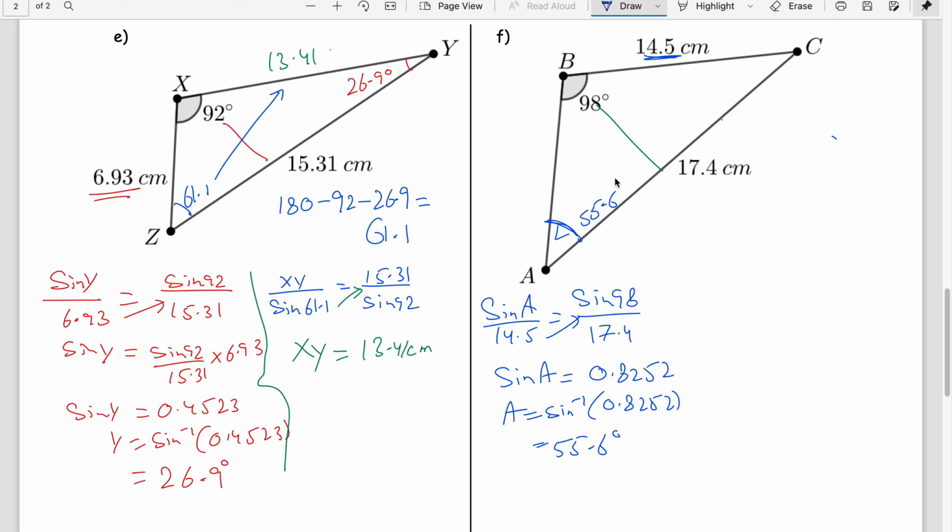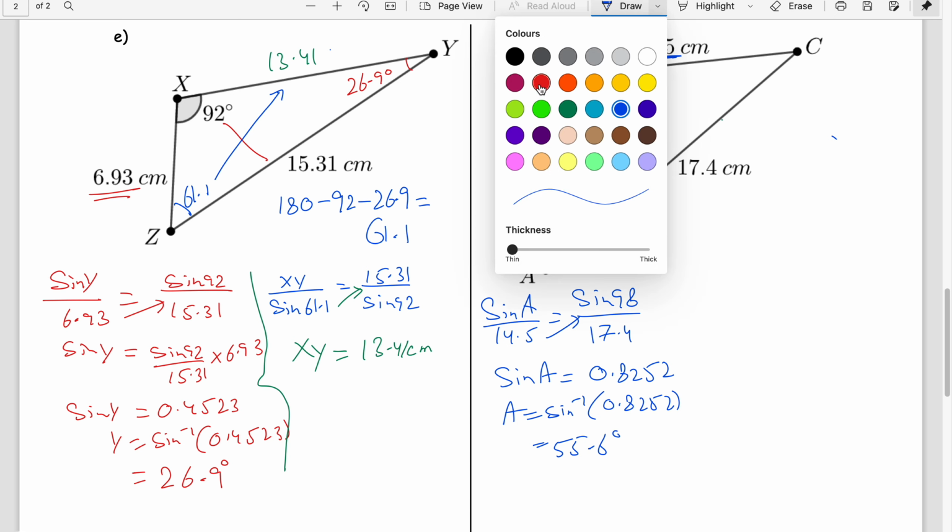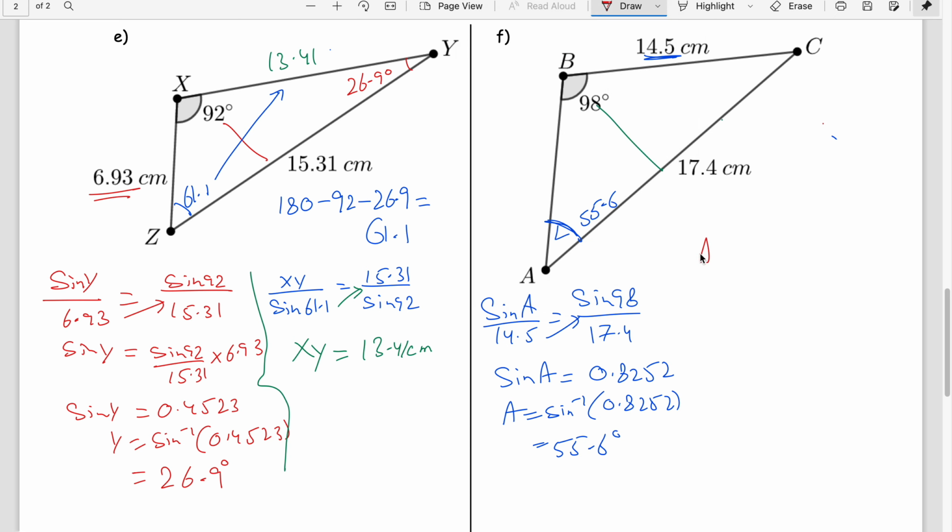Moving on to this unknown side AB, and let's say AB over, we forgot this angle, that is 180 minus 55.6 minus 98. So 180 minus 55.6 minus 98, and the angle is 26.4 degrees.